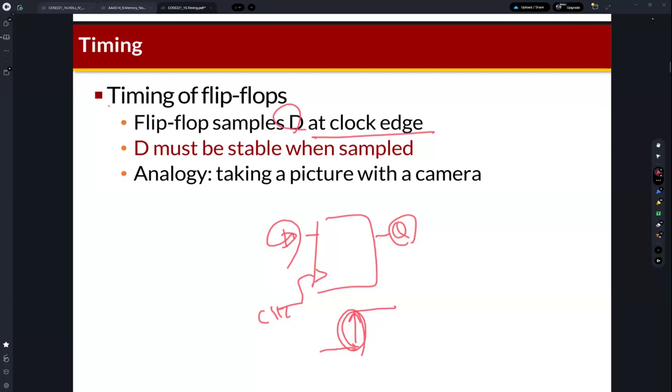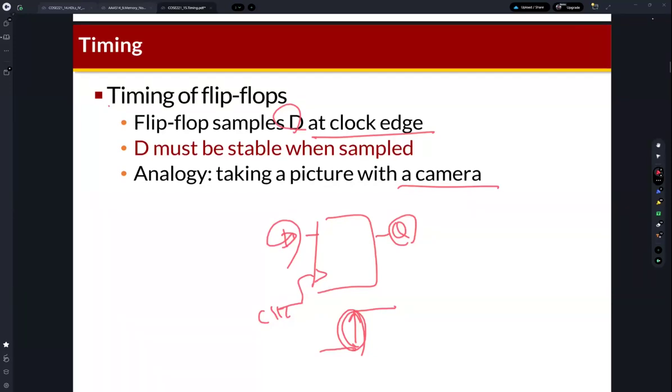Okay, you can understand the property of this D flip-flop like a camera. If the object is moving and we take the picture using a camera, and recently most people take pictures using a smartphone, it's actually the same. We just touch the take-a-picture button, right?